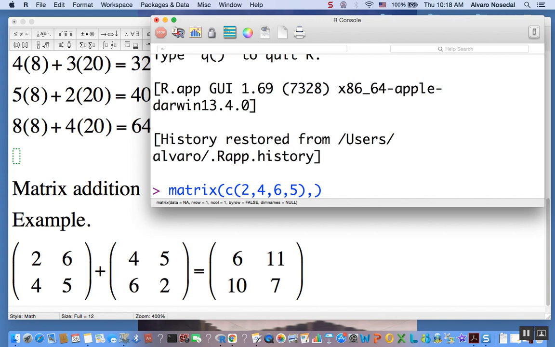That's the first parameter you have to provide to this special command matrix. Next, as you recall from your linear algebra course, a matrix is a rectangular arrangement of numbers, and it has two dimensions, the number of rows and the number of columns. So we need 2 rows in this case and 2 columns. Let me type it like that.